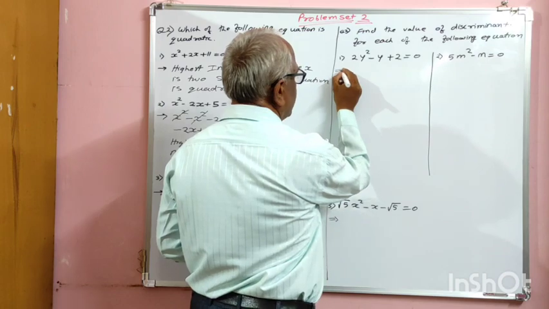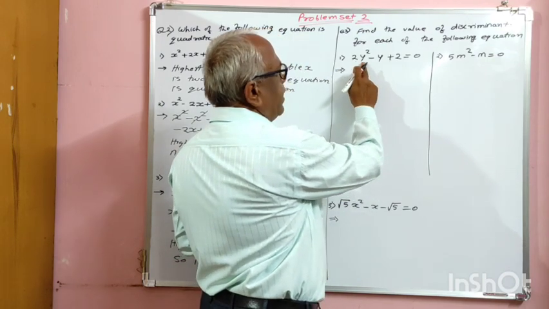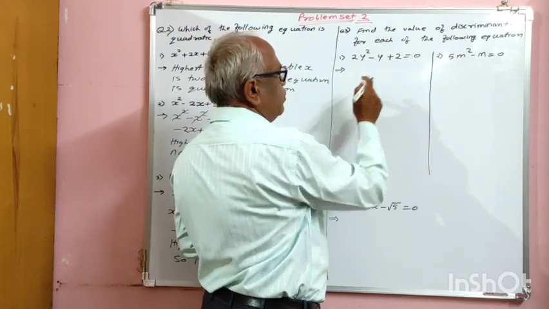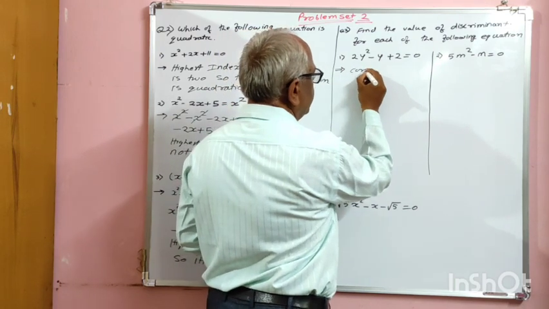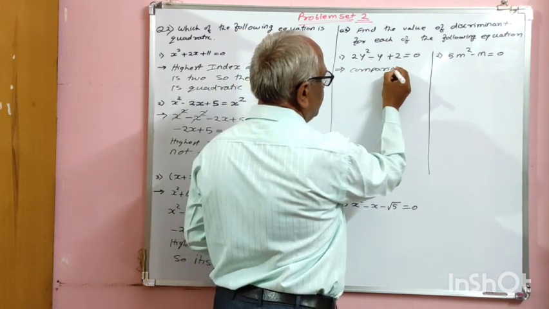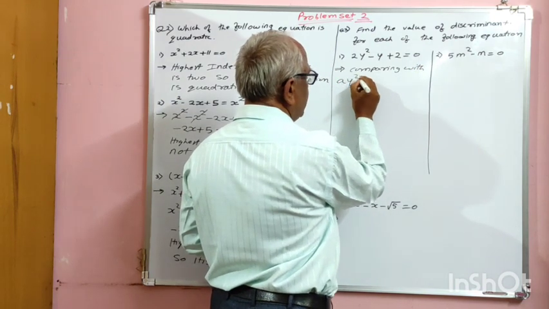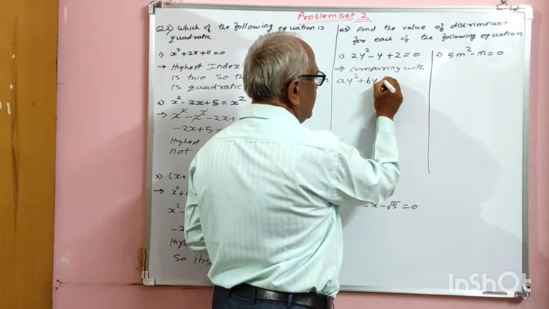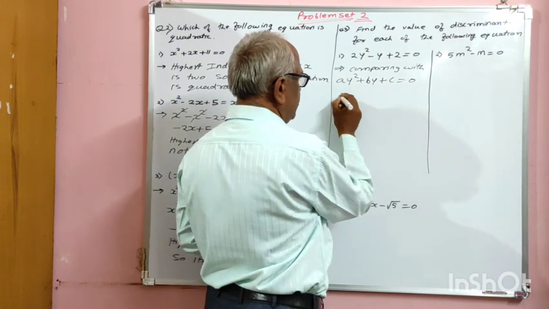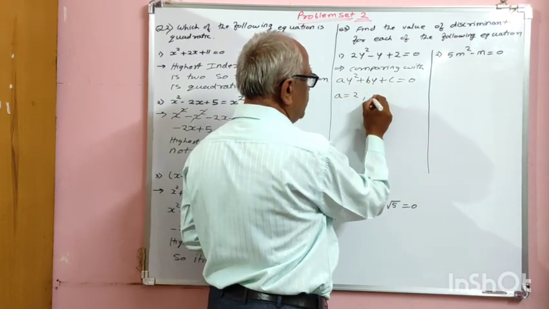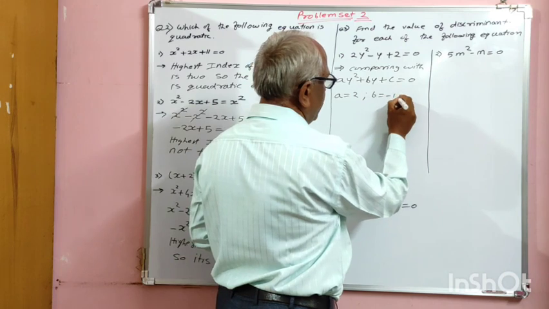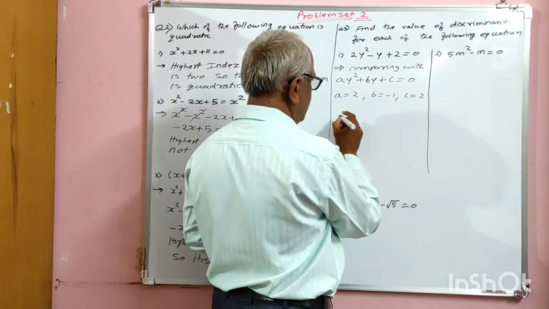First one, 2y square minus y plus 2 is equal to 0. Comparing with ay square plus by plus c is equal to 0, where a is equal to 2, b is equal to minus 1, c is equal to 2.